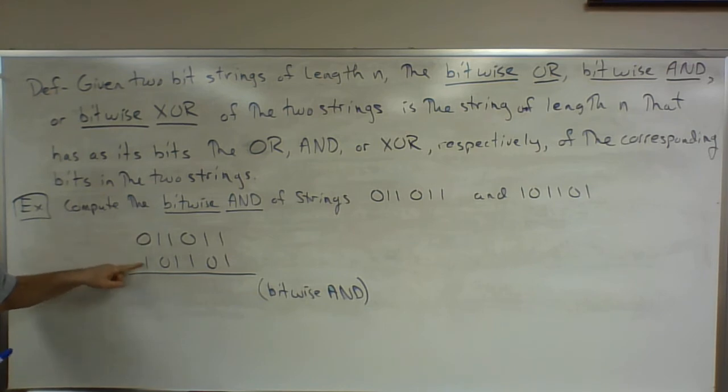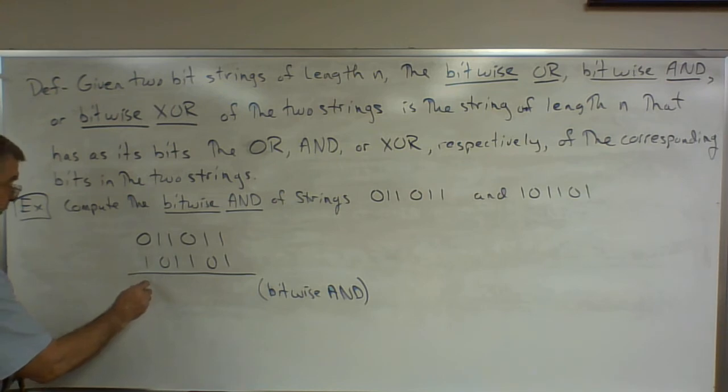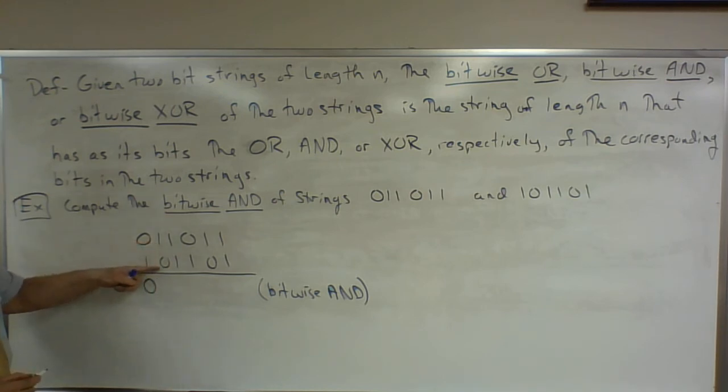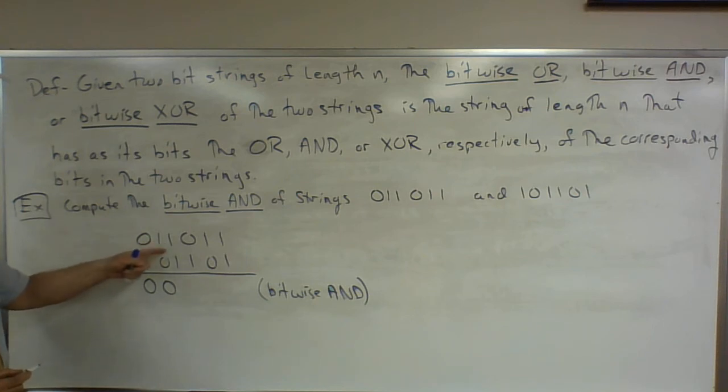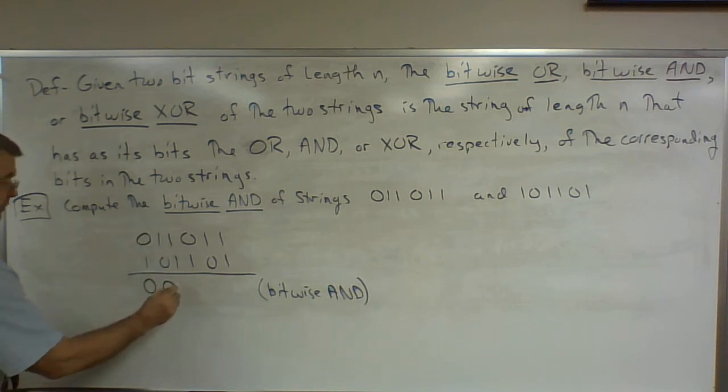We compare the first bits going left to right, 0 and 1. We have false and true, that's false. Then we compare the second bits, true and false, that's false. Then we look at the third pair of bits. We have true and true, that's true.